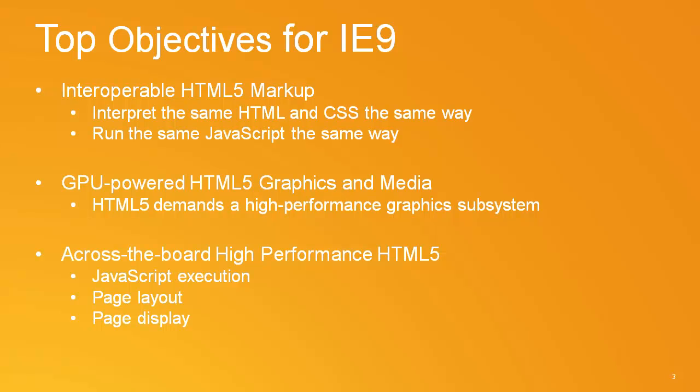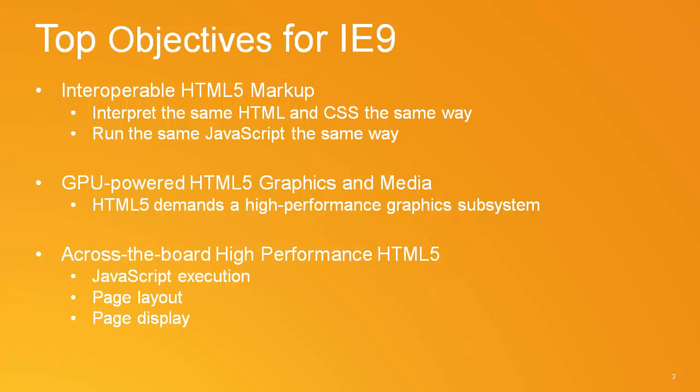And at the same time, we're going to be executing JavaScript in the very same way that all modern browsers do. In this way, you will only need to support one core of code instead of writing workarounds for different browsers. In this sense, all of your code is going to run in the same way in Internet Explorer 9 as it does in all other modern browsers.